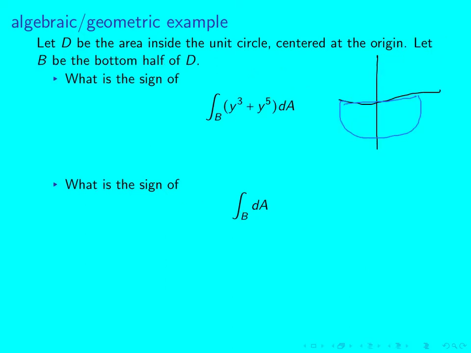So continuing with that previous example, if we just change the region over which we integrate a little bit, instead of taking the whole unit circle this time, let's let B be the bottom half of this unit circle. So that's this unit circle. And just as we discussed before, the values of y cubed plus y to the fifth, these are all negative inside the region B in the xy plane.